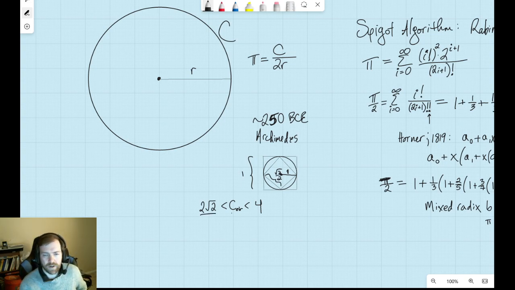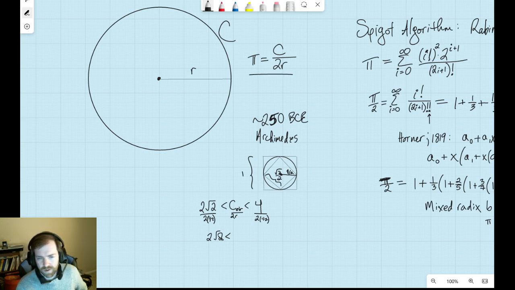And then if we divide all of these things by 2 times the radius, which is 2 times 1, so if we divide by 2r, then we end up getting just 2√2 is less than C over 2r, which is pi, like we said earlier.